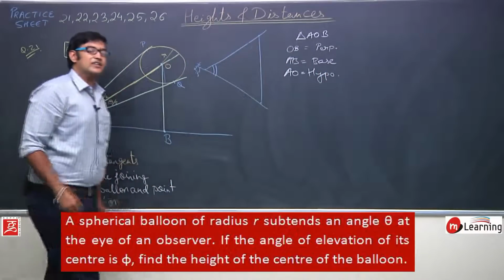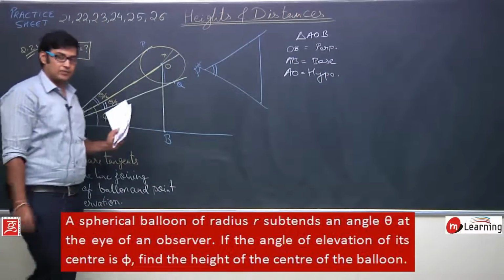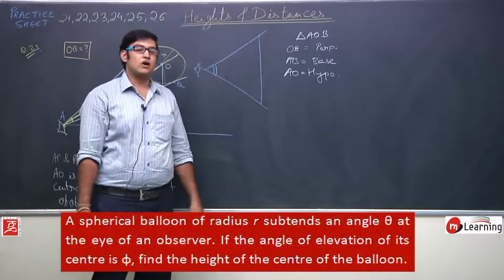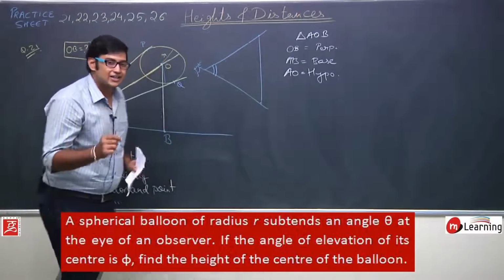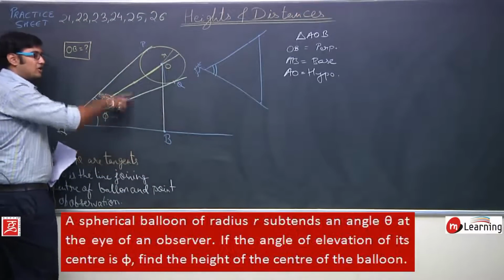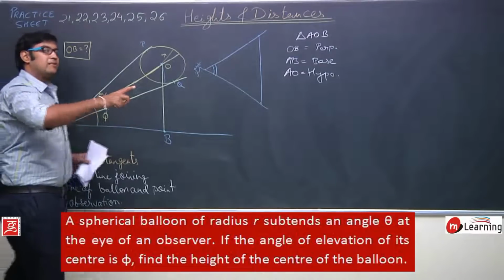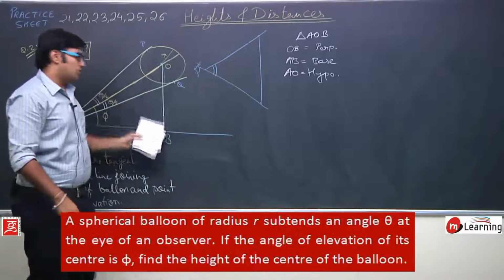So we have these three quantities with respect to this angle phi. Now if somehow I get the value of AB or AO, I will be able to determine the value of OB.